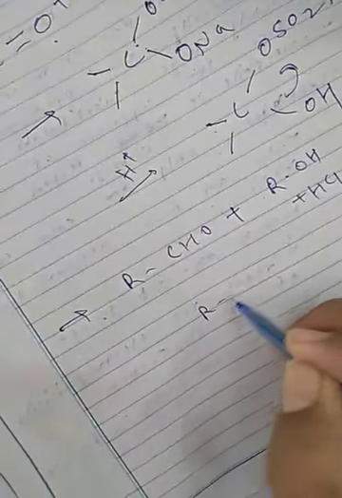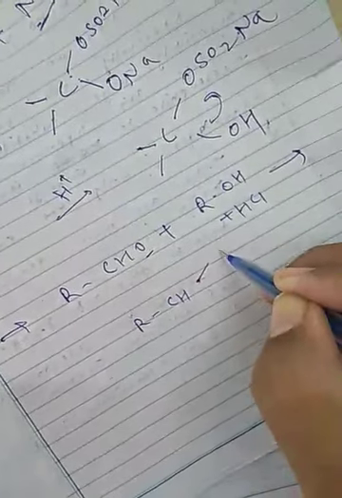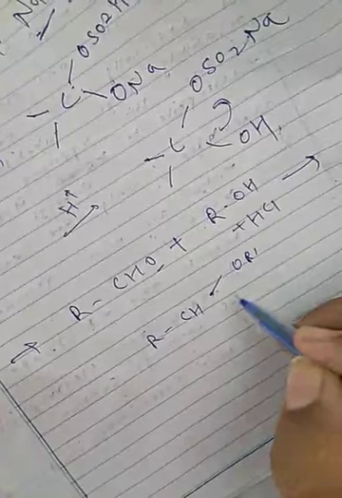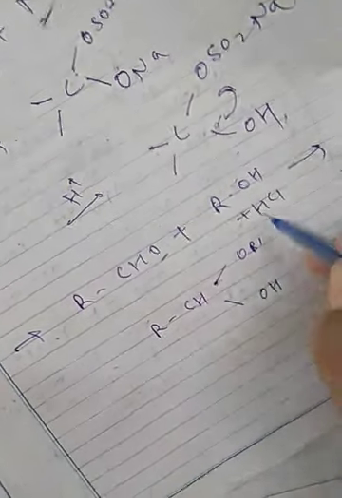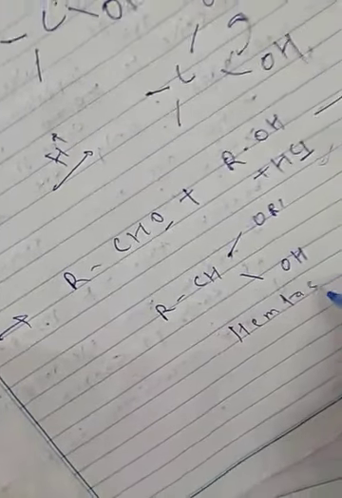You will get RCH, this O, R dash, and from HCl you are getting OH. This intermediate product is called the hemiacetal.